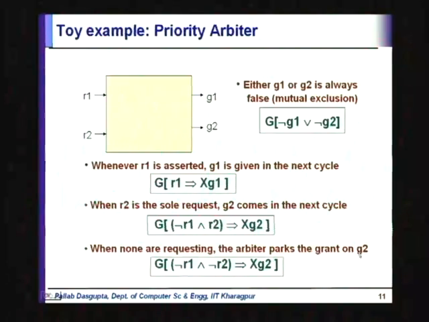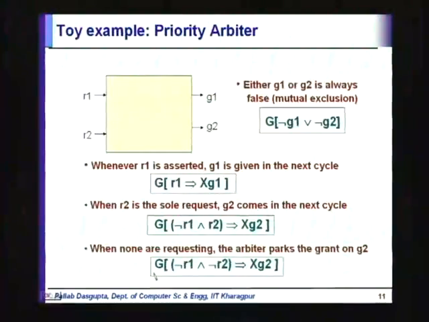So, the low priority request by default has the grant. When the high priority request comes, it gets the higher priority, but whenever R1 is not requesting, then at that point of time the grant is normally going to reside with G2. So, always not R1 and not R2 implies next G2.